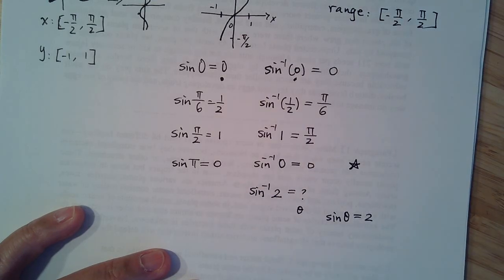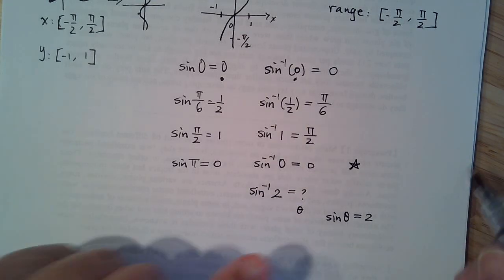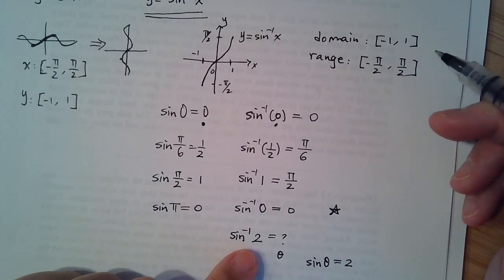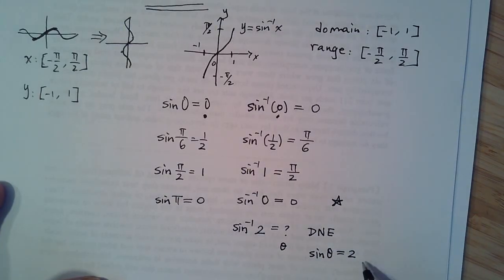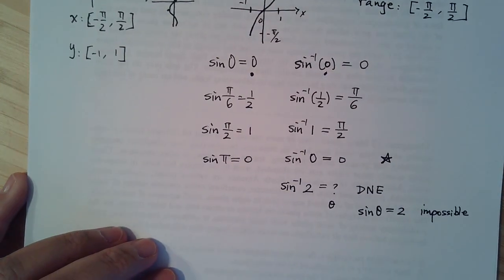Of course not, because the sine is always between -1 and 1. If you look at the domain, it is -1 to +1, and you get 2. It's beyond the domain. So your answer is does not exist, which is impossible. Okay, so that's how you use it.